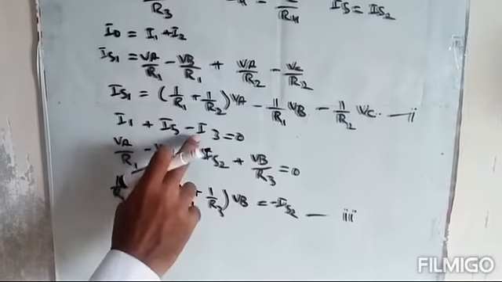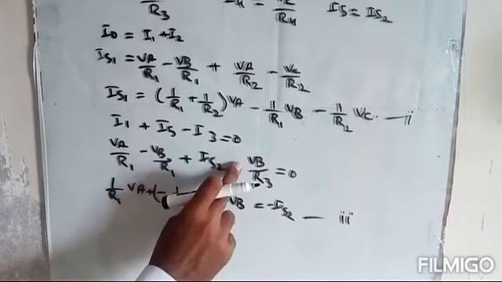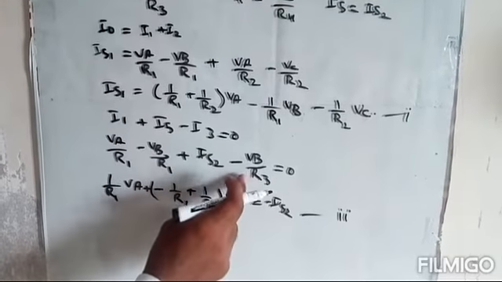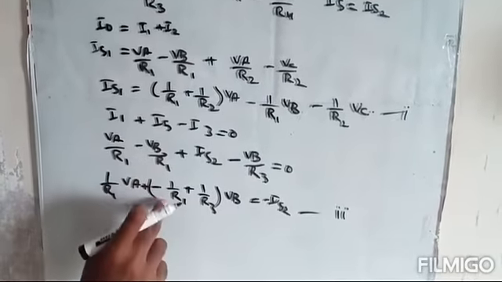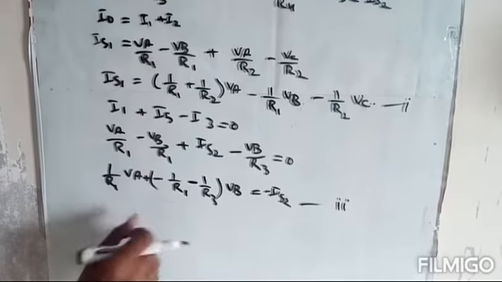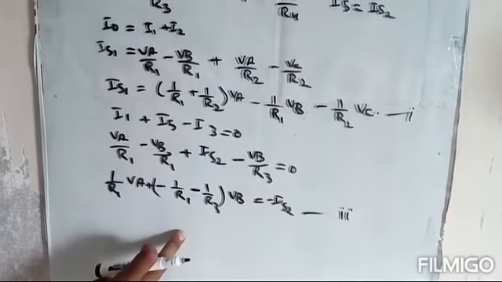There is a little mistake: minus I3 means minus VB over R3, and when we combine the VB terms, both of these terms will be negative. So this is our second equation.